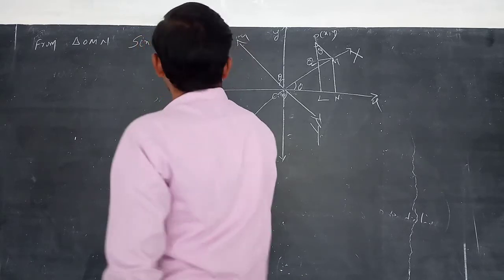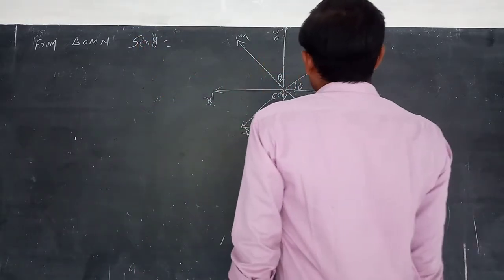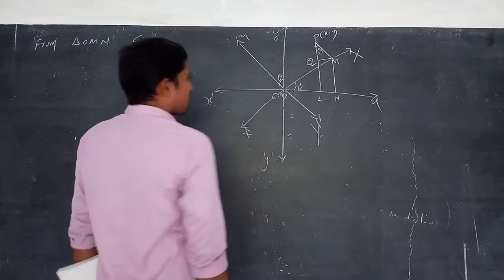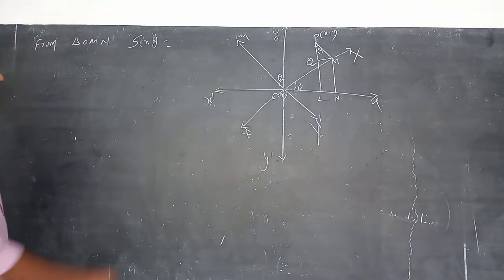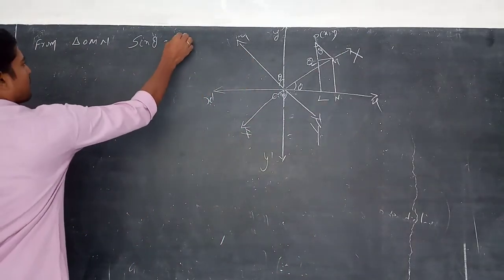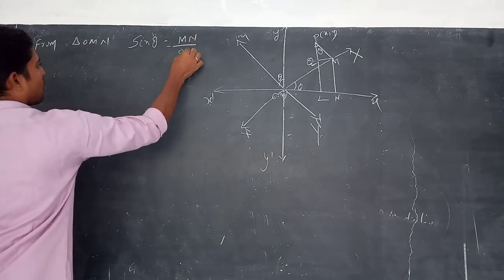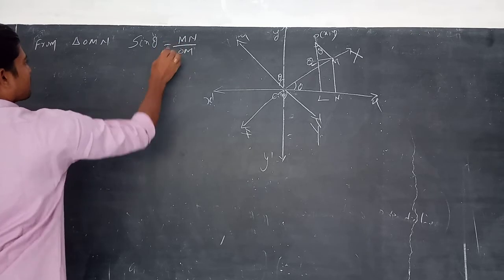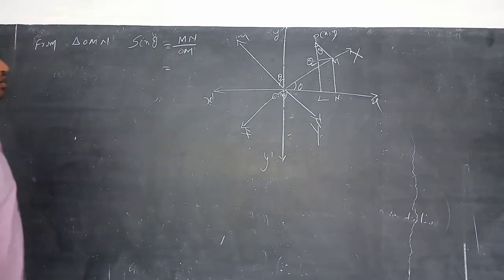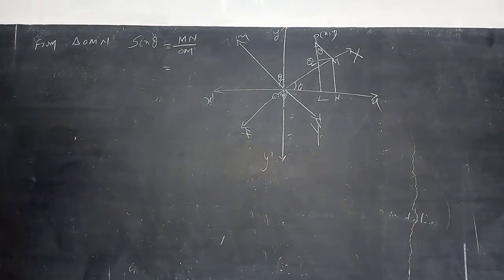Sin theta equals opposite side by hypotenuse. Opposite is MN by hypotenuse OM, right?